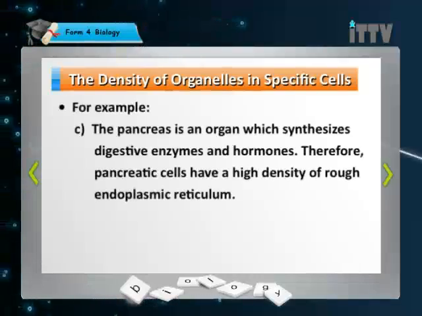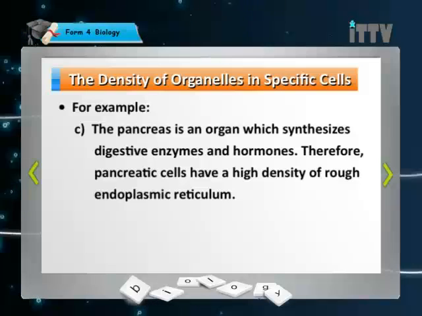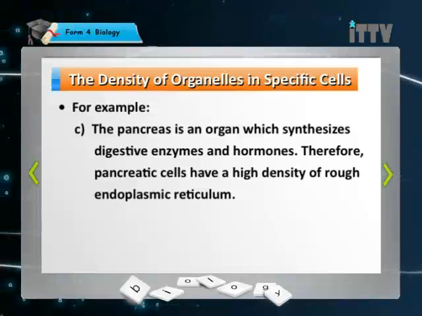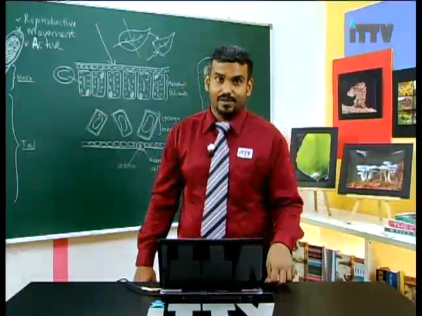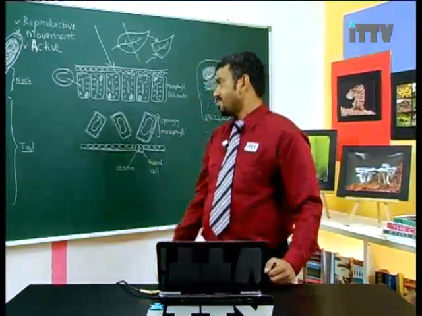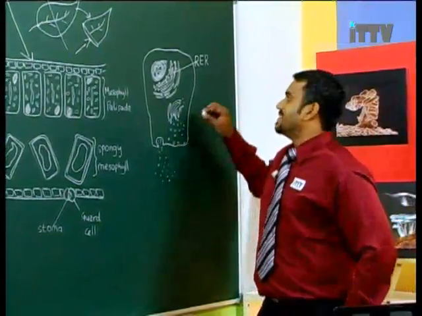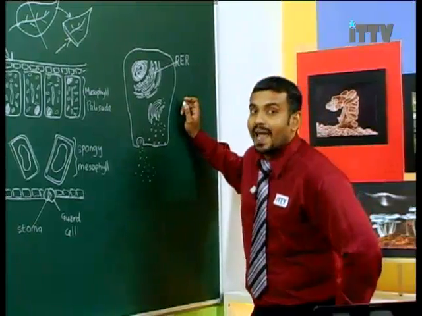The pancreas is the organ which synthesizes the digestive enzymes and hormones. Therefore, pancreatic cells have a high density of rough endoplasmic reticulum. Let's take a look at the diagram now so that we can explain in detail, okay? Say for example, this is a rough description of the pancreatic cell.